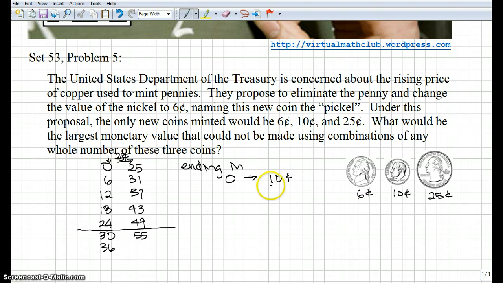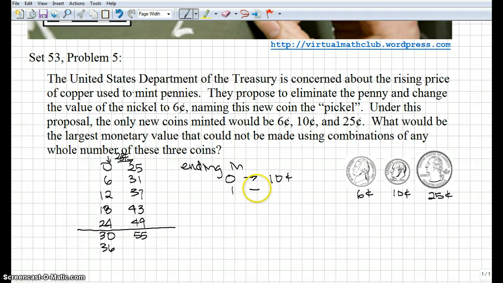And we can make anything ending in 0. We can make 10 cents, 20 cents, 30 cents, 40 cents. Anything ending in 0 works. Even 0 cents. It's really not a value, but we just don't have any coins. So we can create really anything ending in a 0.